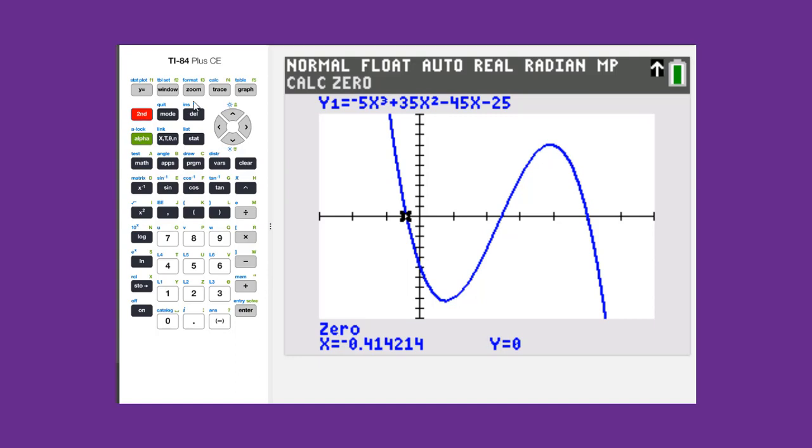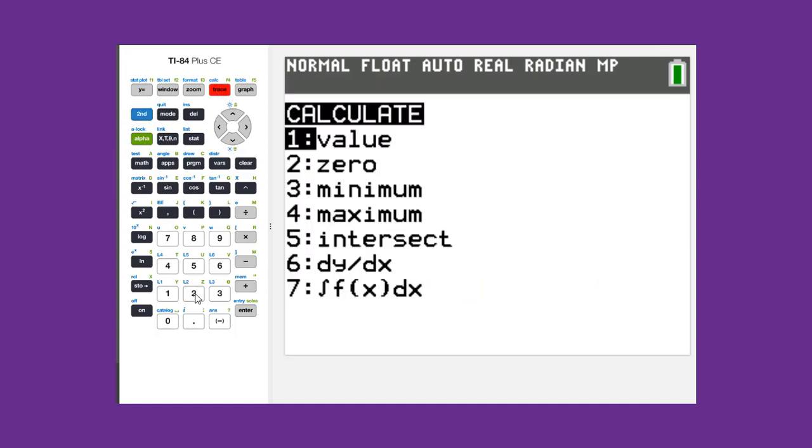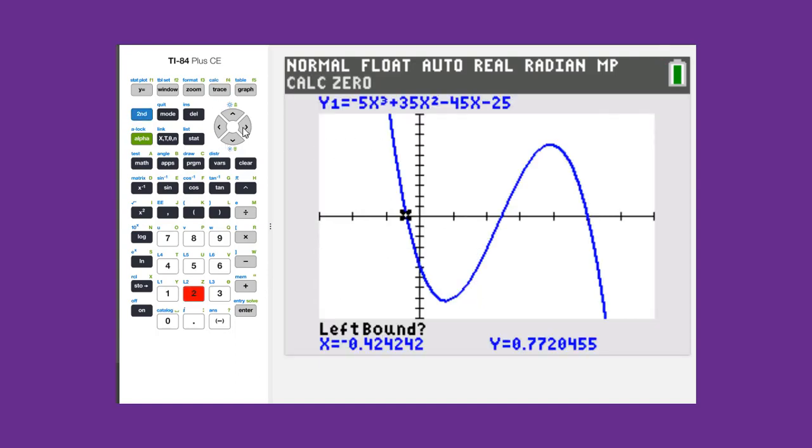I'm looking for the second 0. So second trace 2, 0. Then move the arrow to the left side of the second 0. Enter. Then I need to move to the right side of this 0. Enter. Enter again. Yeah, that's the second 0.